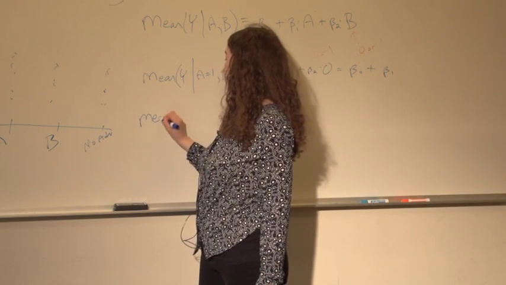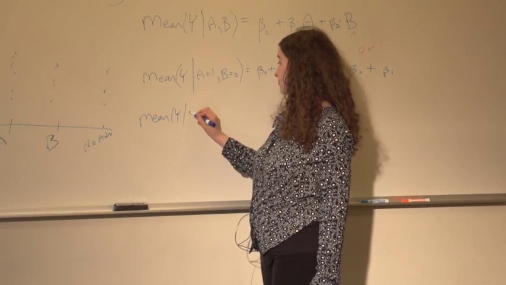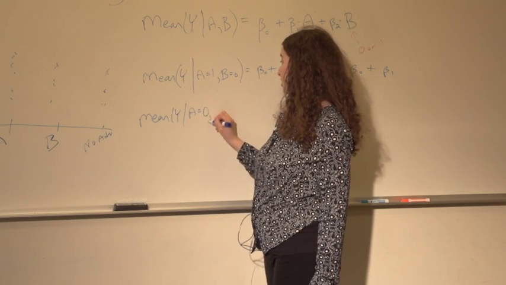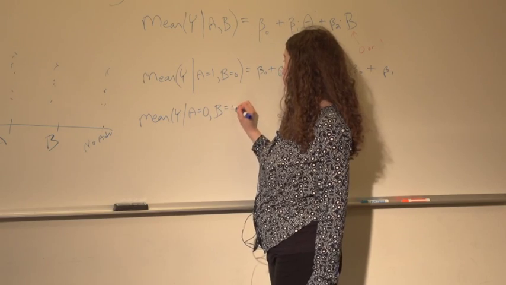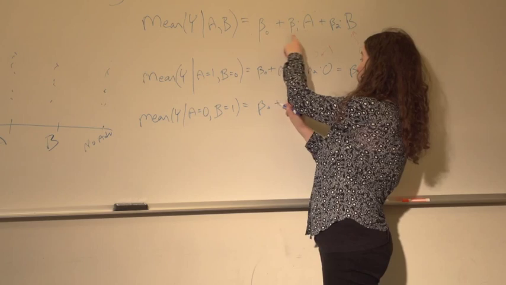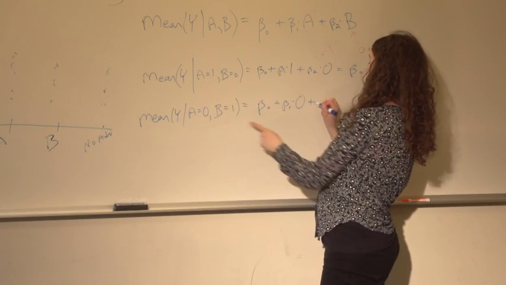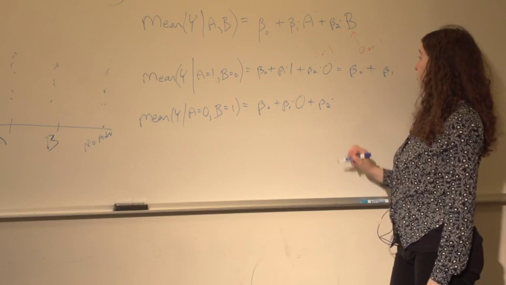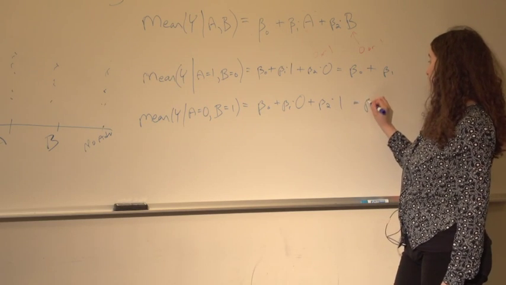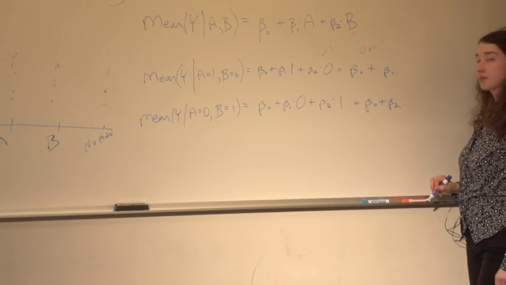Okay, and what if you tell me that you're in group B? So the A variable is equal to 0, the B variable is equal to 1. So if I look at this equation, I've got beta 0 plus beta 1 times 0 plus beta 2 times 1. And that's equal to beta 0 plus beta 2.